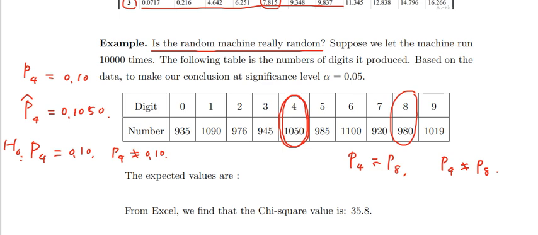So this becomes a two sample problem, right? And also we can check whether all are equal: the percentage for P0 and P1 equal, up to P9.